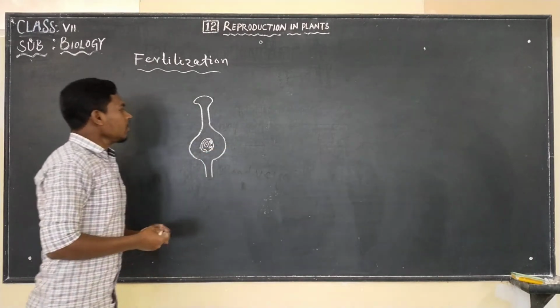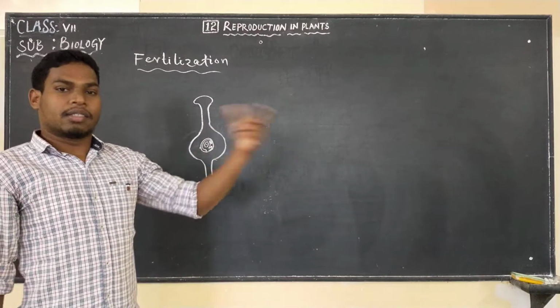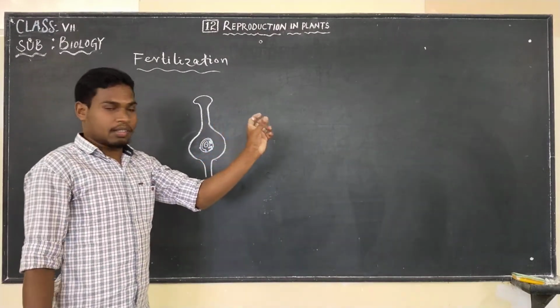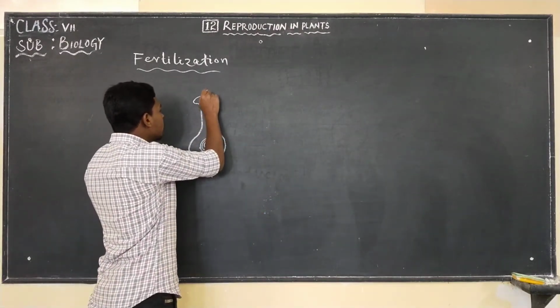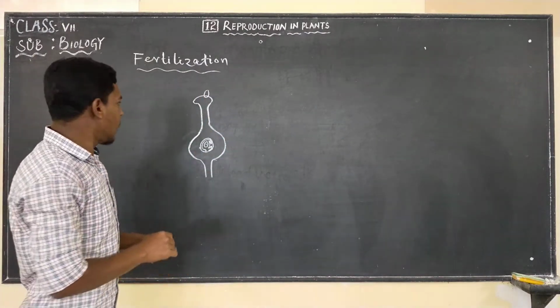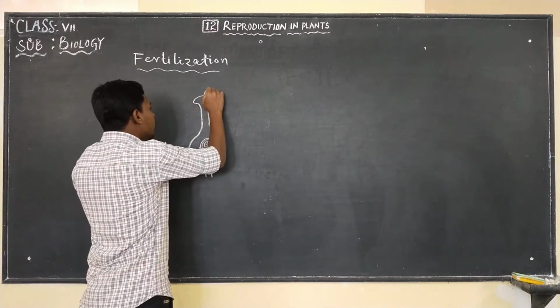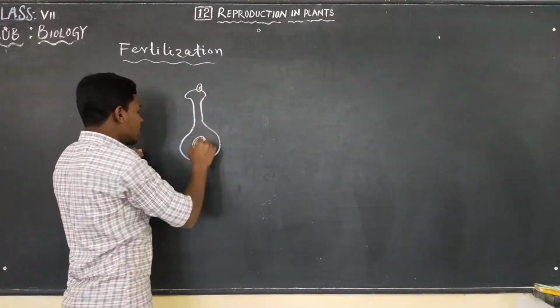Now, the pollen grain from the stamen or from the anther has to reach the stigma for fertilization. So this is the pollen grain having what? Male nucleus.